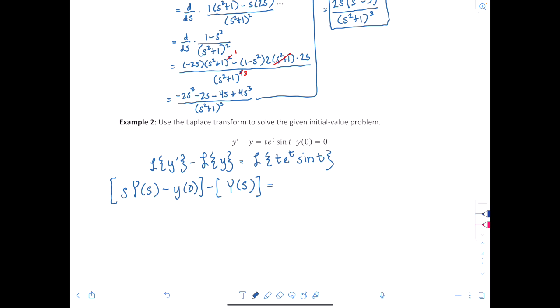So here we go. It's the first derivative, so negative 1 to the 1, times the derivative with respect to s of the Laplace transform for e to the t times sine at t.